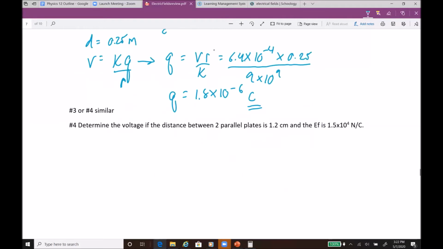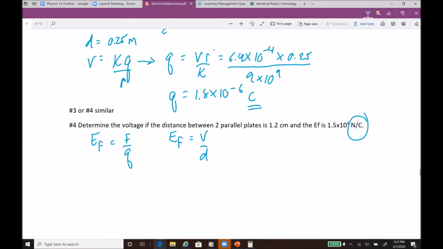Okay, so we're going to figure out the voltage in number 4. So if you remember, we could measure the electric field. It says the electric field is force per charge. So that's what you have here. But if you recall, we can also measure the electric field a different way. We could say the electric field is the voltage over the distance. They actually work out to be the same thing.